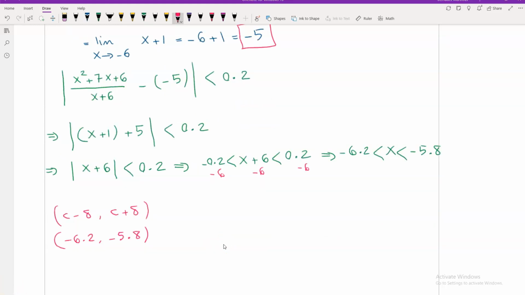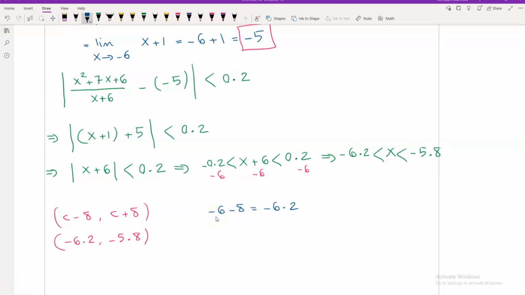Now we have to find delta, so finding the distance between c and the endpoints of our interval, which is -6.2 and -5.8. So what we have here, c is given, that is -6, so -6 minus delta is equal to negative 6.2. Solving for delta, that is equal to 6.2 minus 6, so the answer is 0.2.